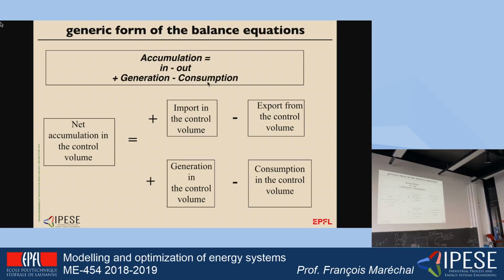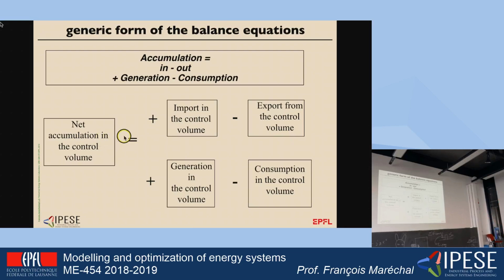So this means that what is entering is going to leave until it is consumed or generated inside. Okay? The accumulation term represents, for example, what happens if you have a vessel that is accumulating water, that remains inside the system.